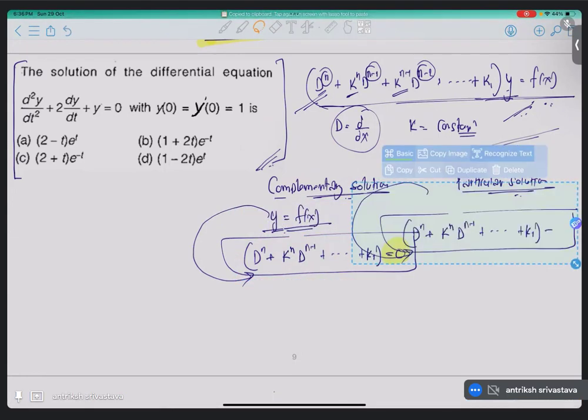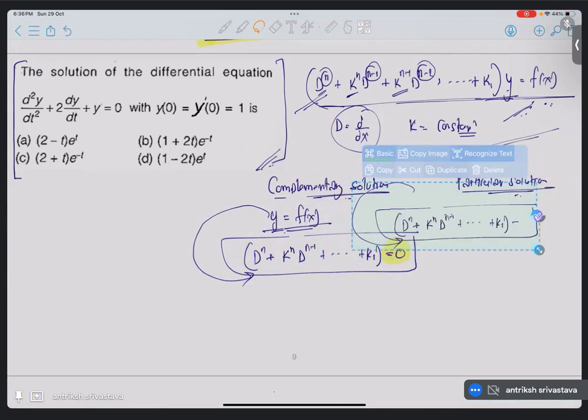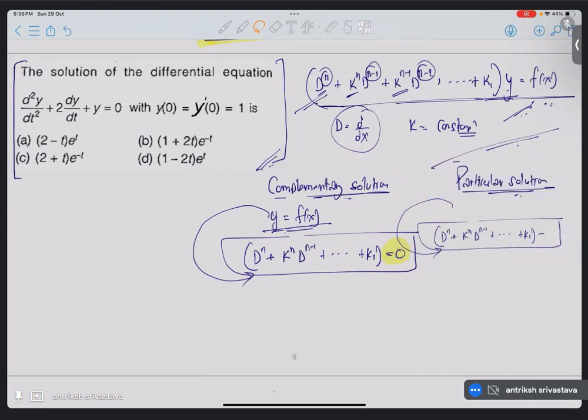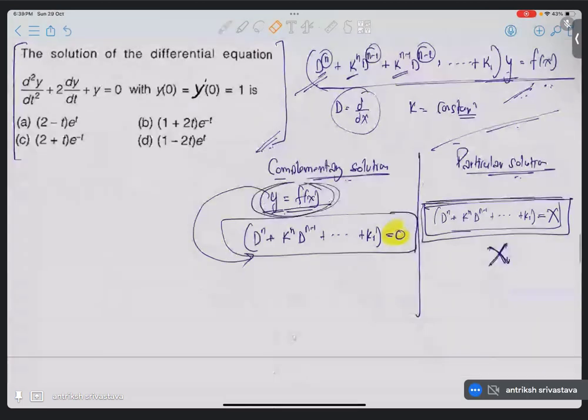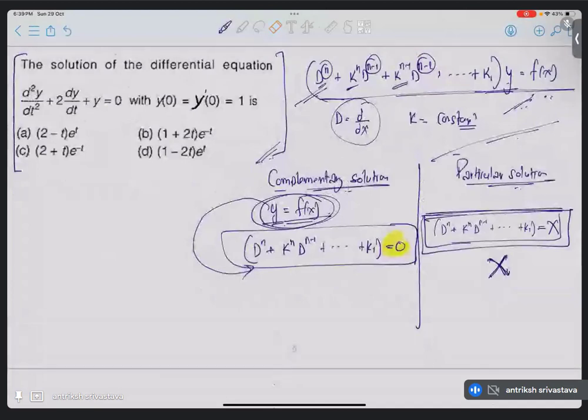Let me reduce the size. The formula or whatever function we are going to write for the particular solution is going to depend on x. And for the complementary solution, the f(x), let me see, I think we have it visible.